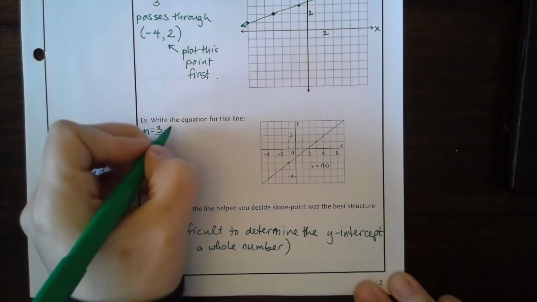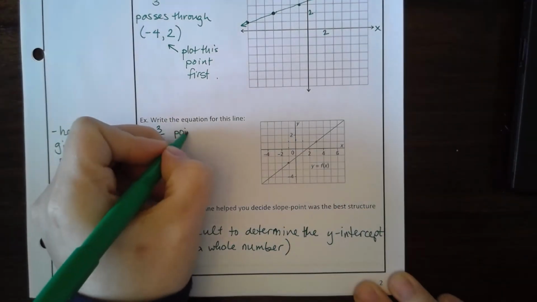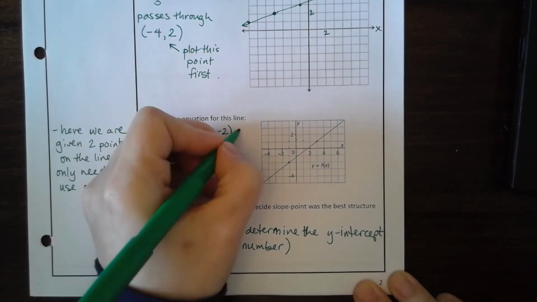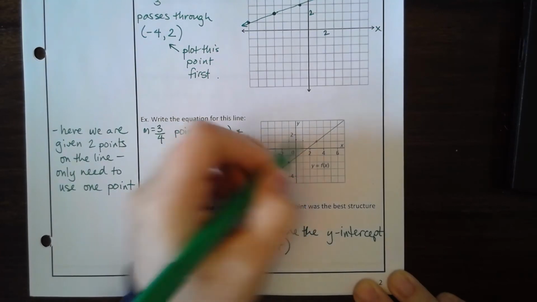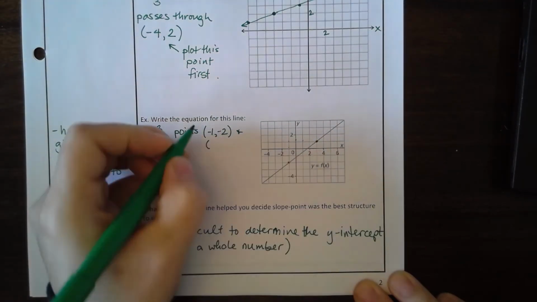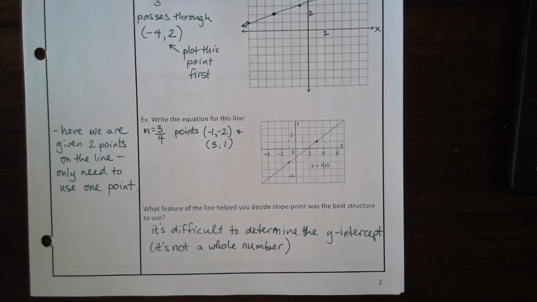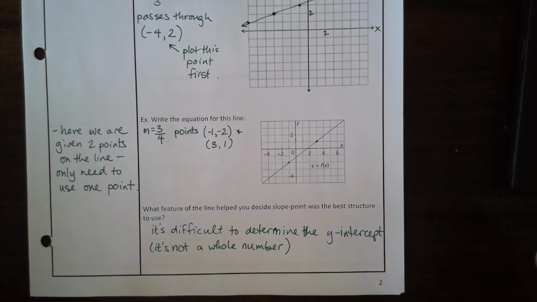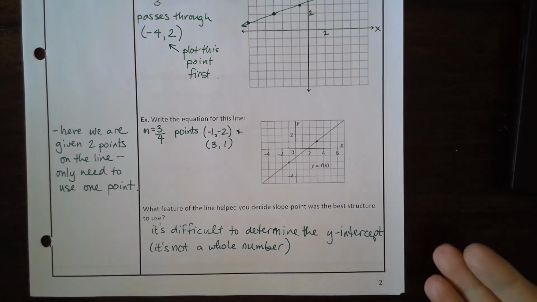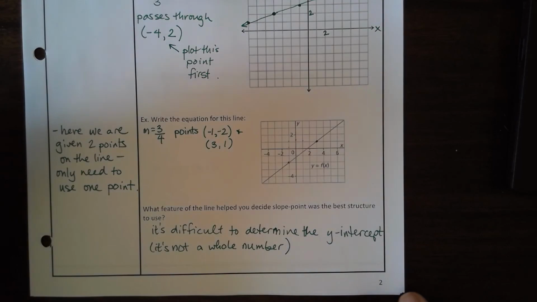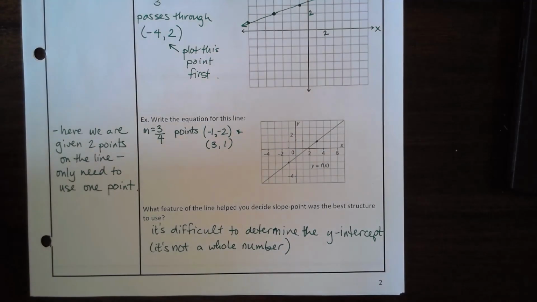And so now I've got some points. I've got (-1, -2), and I've got this point here, which is (3, 1). Okay, and I'll leave it up to you which one you choose. I'm going to write both of them down, but remember that both of them are exactly the same equation.